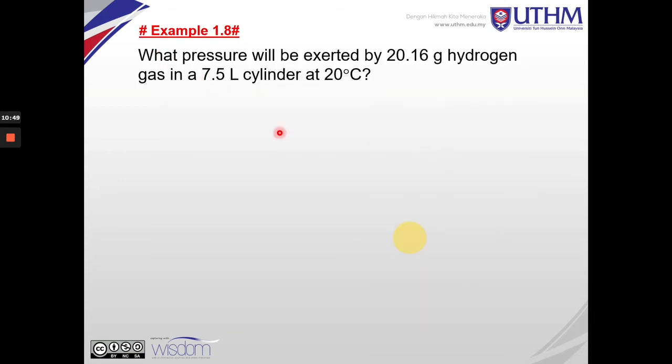Okay, so look at example 1.8. What pressure will be exerted by 20.16 gram of hydrogen gas in a 7.5 liter cylinder at 20 degrees Celsius?